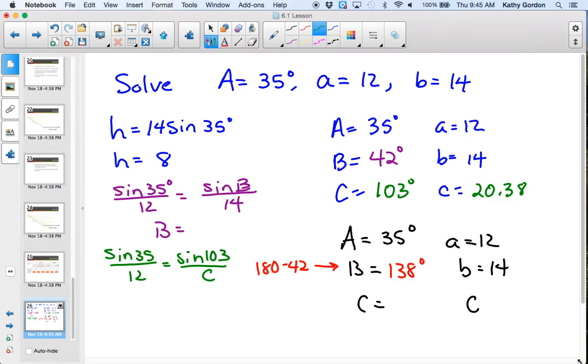Okay. And then for my second triangle, if I do the same thing, what's angle C going to be this time? 7 degrees. Okay, so same thing, 180 minus the 2 that I know gives me the 7 degrees that I'm missing. And then for side C, 2.5.